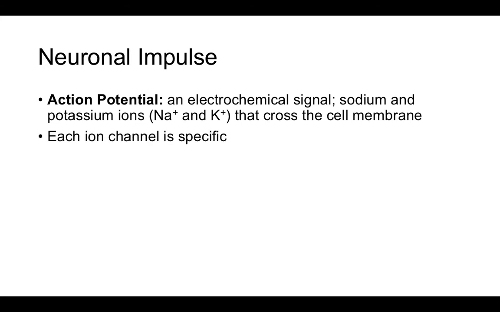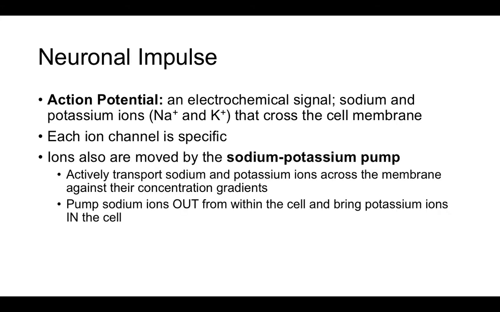Now, within the axon, there are specific ion channels, sodium ion channels and potassium ion channels, and they are specific for either ion. Ions are also moved by the sodium-potassium pump. And if you remember back when we were talking about the cell, the sodium-potassium pump is one of the best examples of active transport.